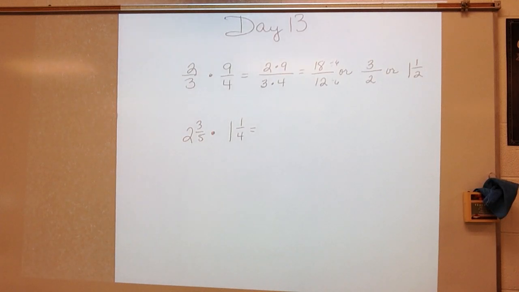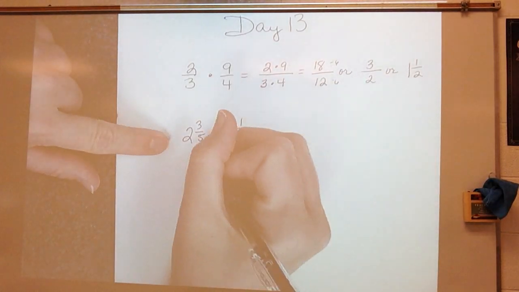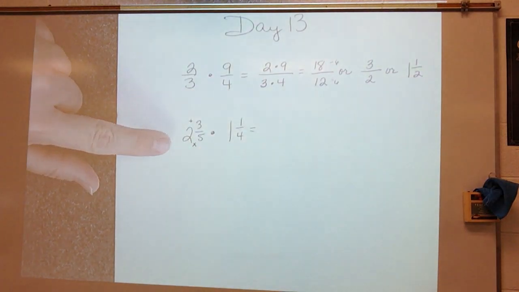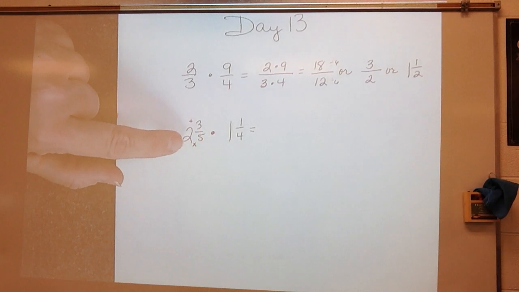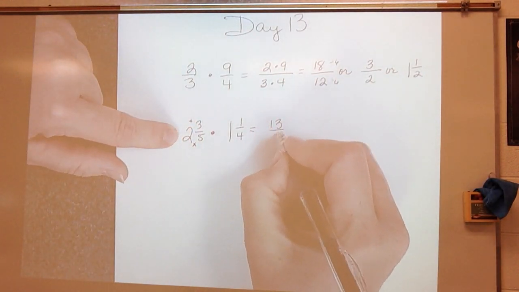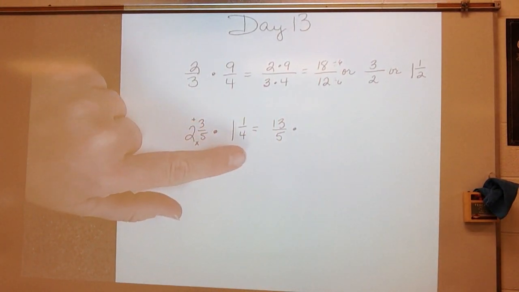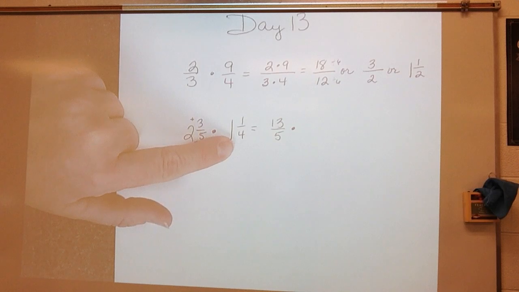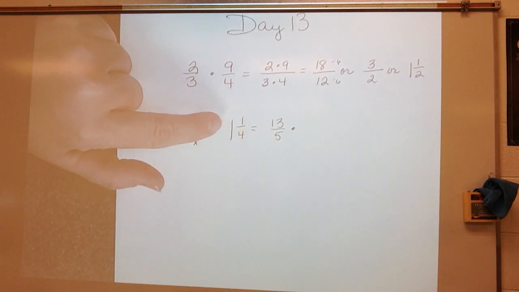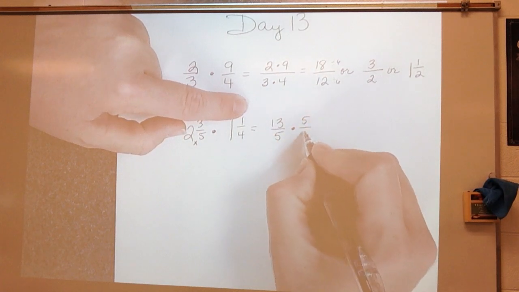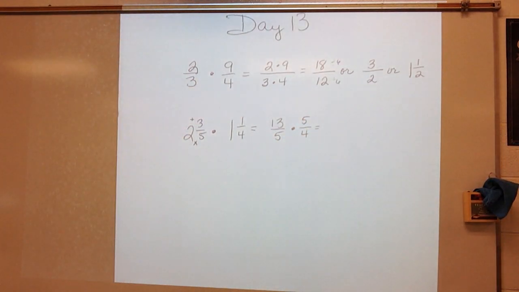All right, so if you remember, changing to an improper fraction, I'm going to multiply and then add. So 5 times 2 is 10. 10 plus 3 is 13. So I get 13/5. Same thing here. 4 times 1 is 4. Plus 1 is 5. So I get 5/4.